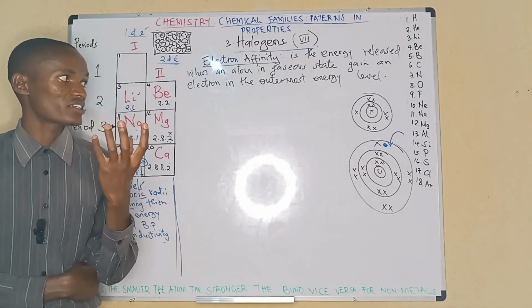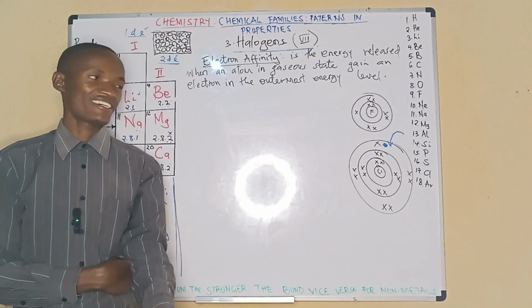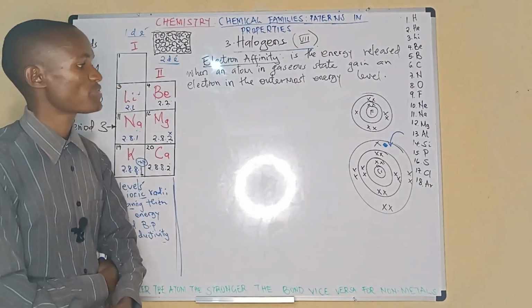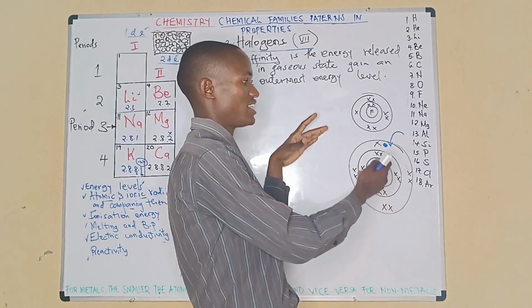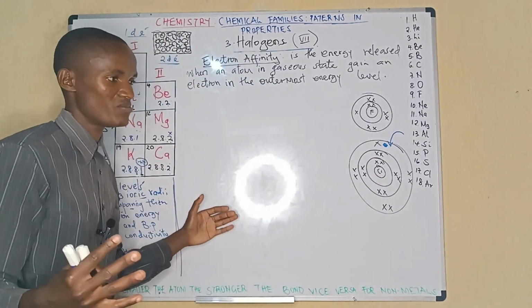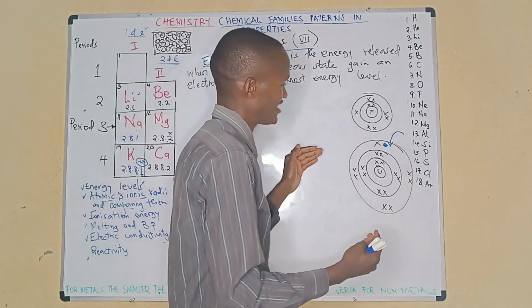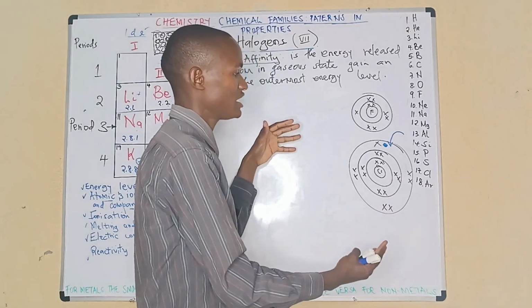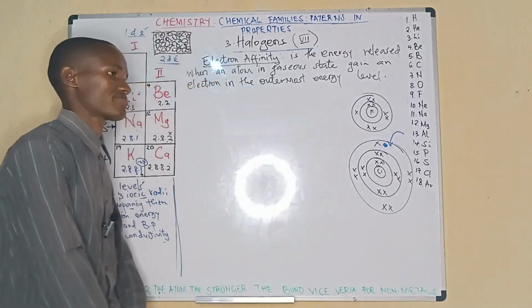Because chlorine's atom is big, the electrons are not so firmly held. In fluorine, they are firmly held.